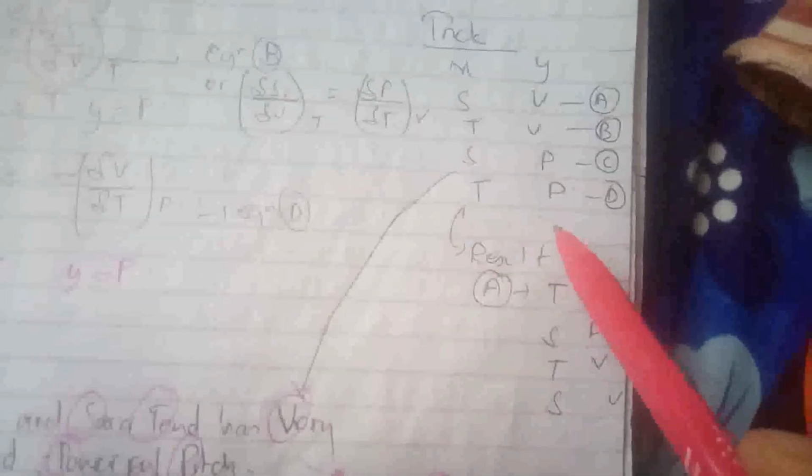If we get confused about what to put in the denominator or numerator, then I will show you a trick. If we let x equals t and y equals p, then we will get s and v as a result.